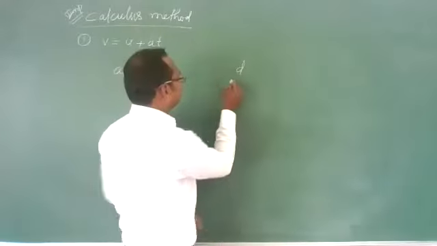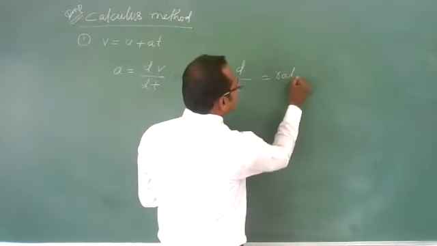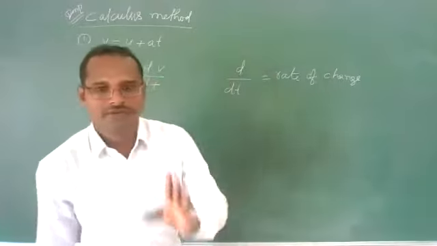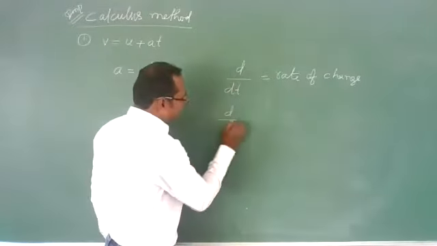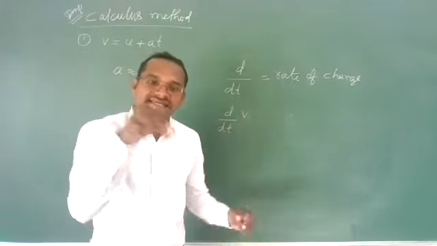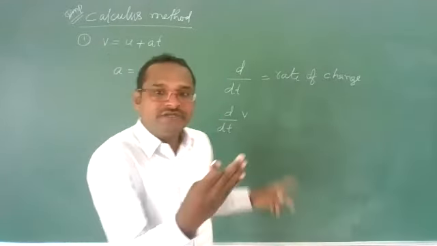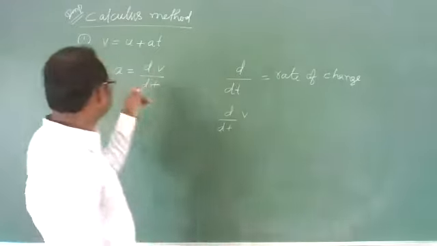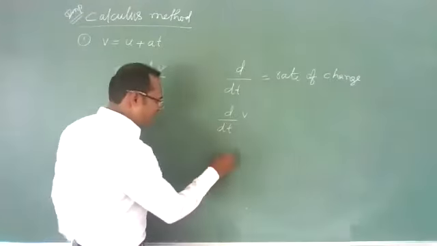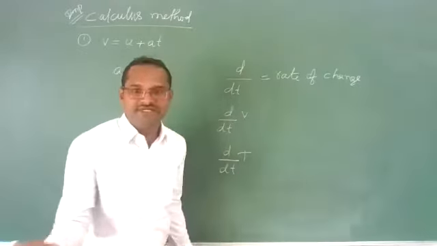Just listen to this point. d by dt is called rate of change. If I write d by dt of v, then it is called rate of change in velocity. Velocity is changing with respect to time, then it is called acceleration. If I write d by dt of temperature, temperature also will change with time.